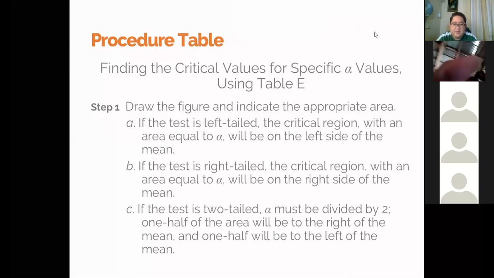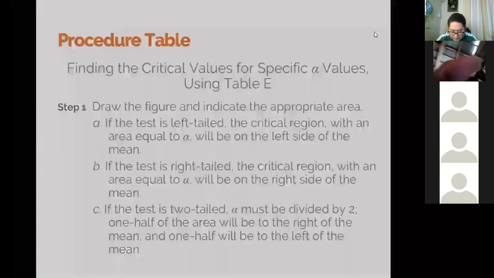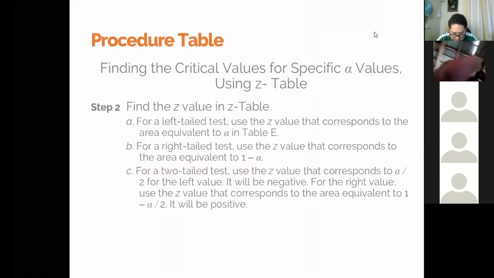Kapag two-tailed, nasa left and right, pero i-half natin yung alpha by 2. Then after getting that, we have to check the z-table natin to identify yung z-score na critical. Okay?